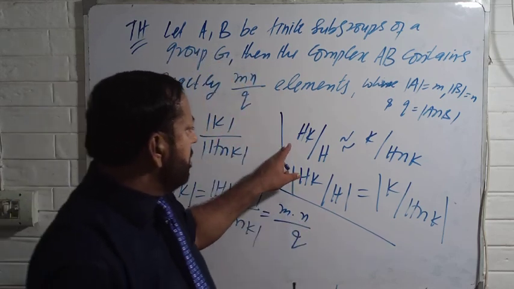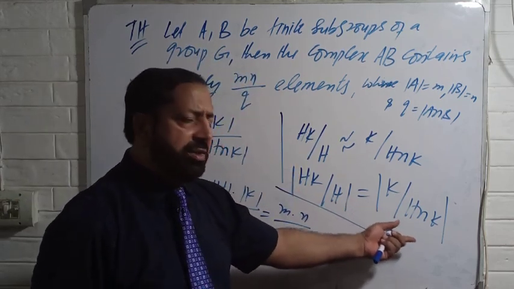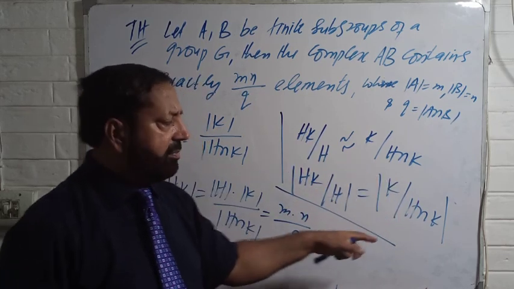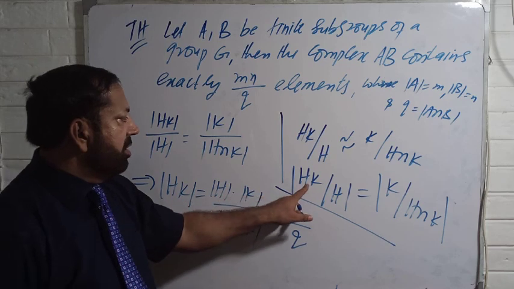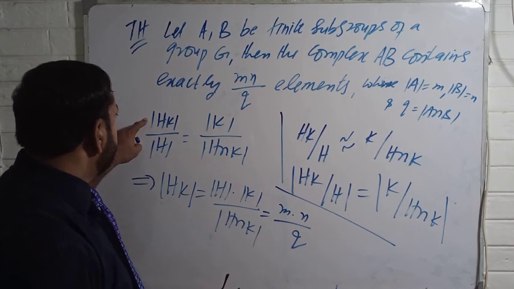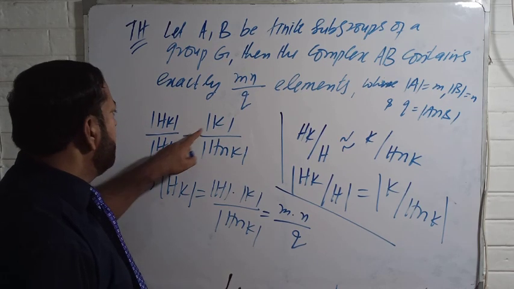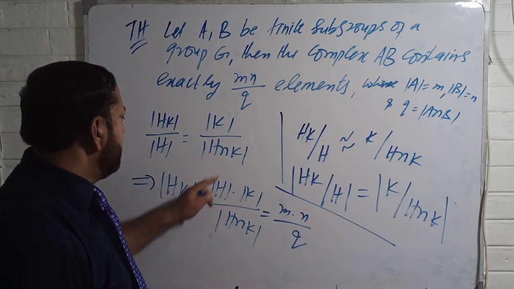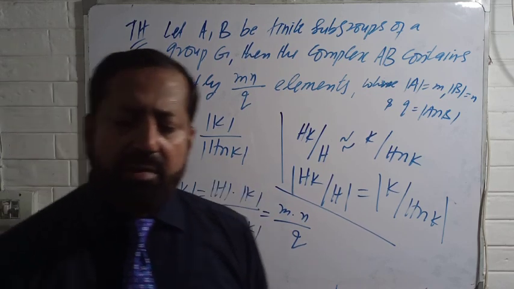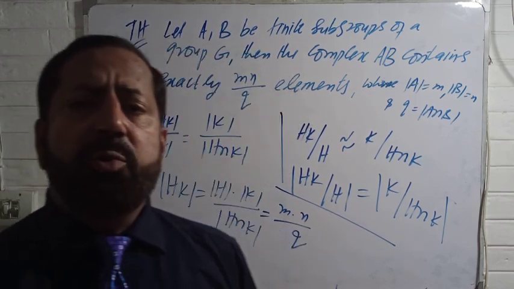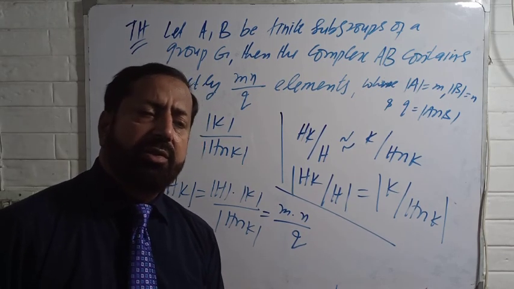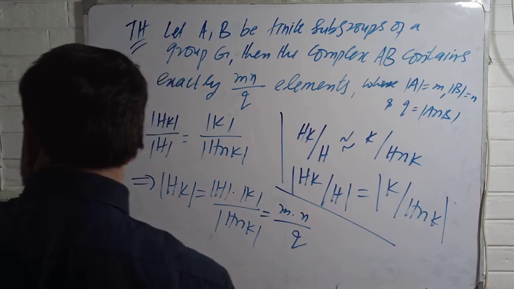So if you have the same order, then by the definition of the order of a coset, this is in fact the index, and by using the definition of index, this is the order of HK by the order of H, which equals the order of K by the order of H intersection K. The proof is simple. Now I have another idea to prove this theorem, which is the idea of cosets. So let's have the proof again.